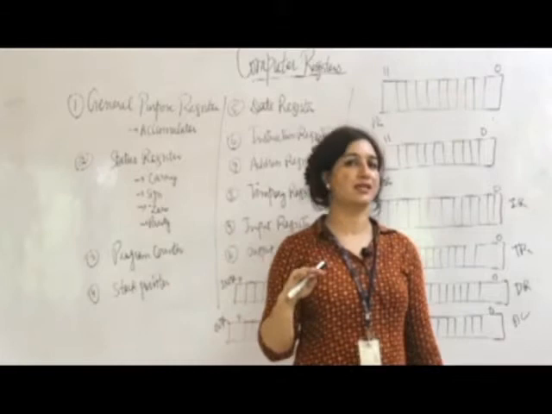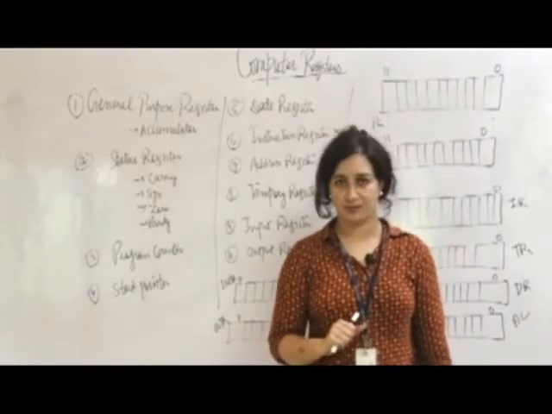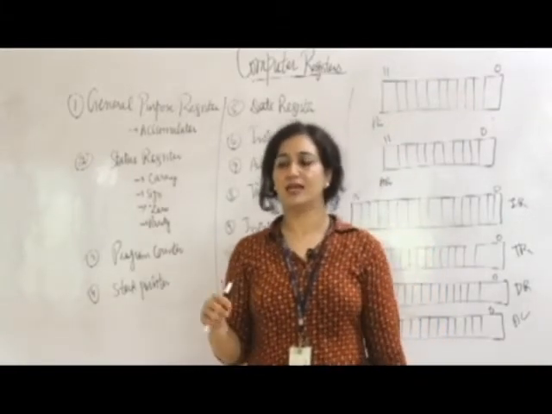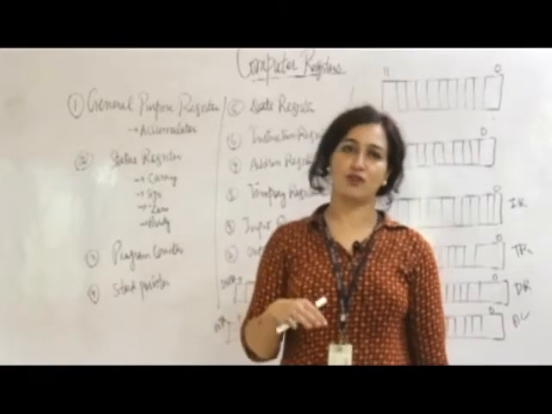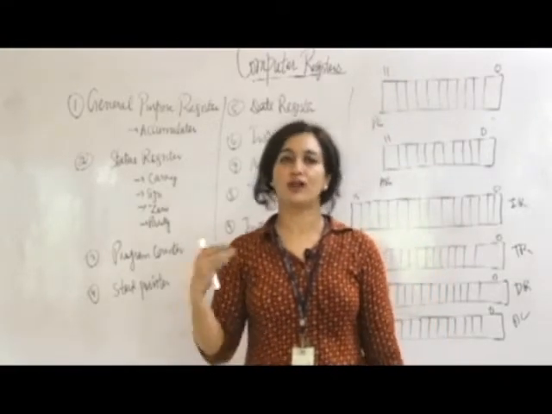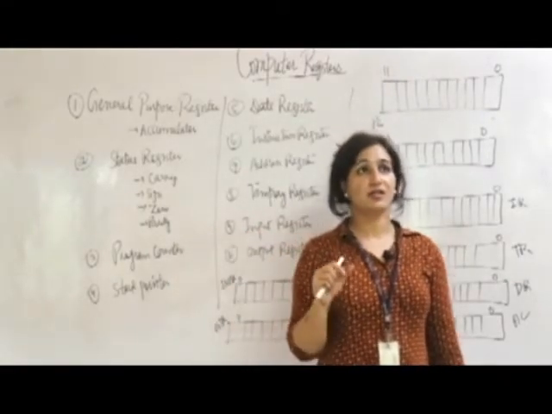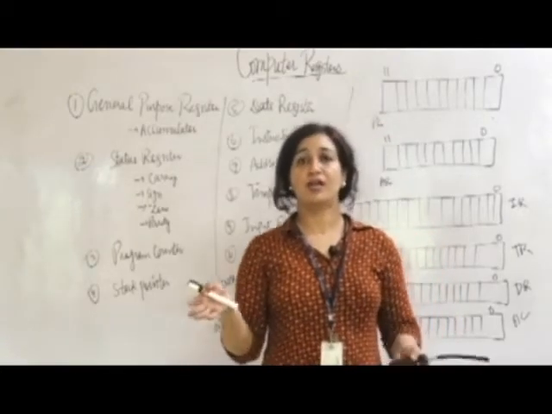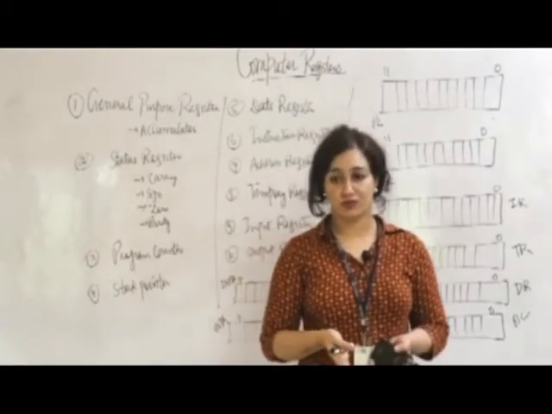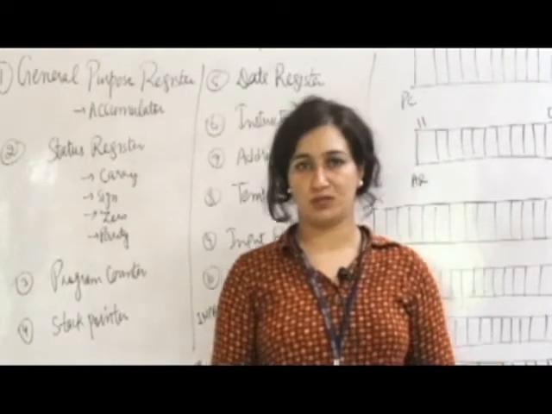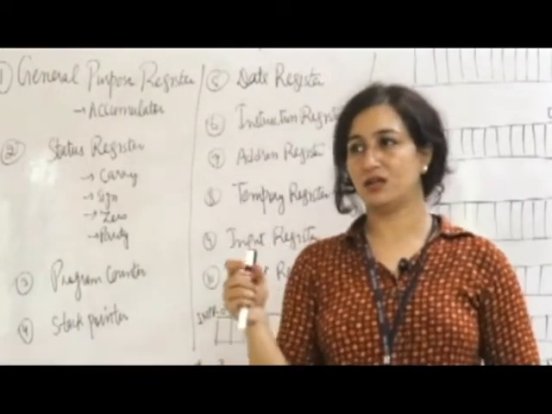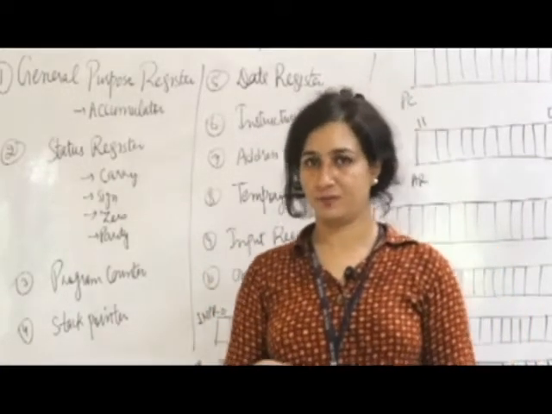So the register can hold the address of an operand, right? So the register can hold the value of an operand, the address of an operand, and the calculated value in between processing. Suppose I say A plus B, so that A plus B value can be stored by a register, right?